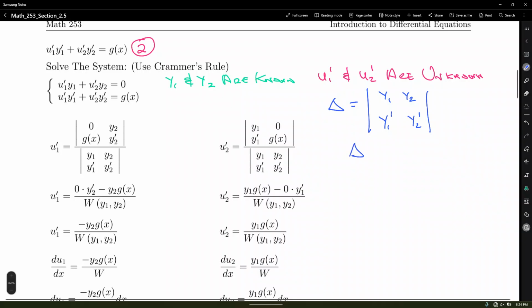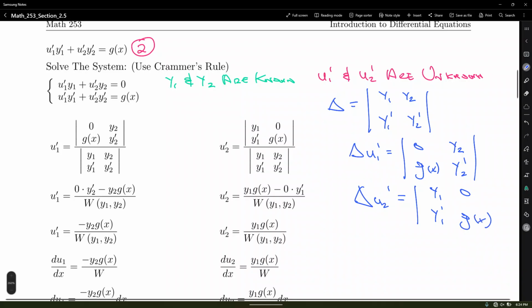Delta, well, in this case, there's no x and y, right? Because our unknowns are u1. Delta u1 prime will be 0, g of x, and y sub 2, y sub 2 prime, all right? And then delta u sub 2 prime equals, keep the same first column, y1 prime, and replace with 0, g of x, okay?